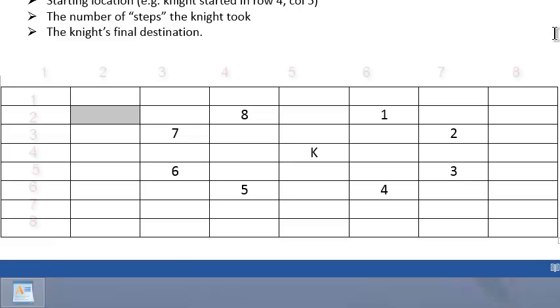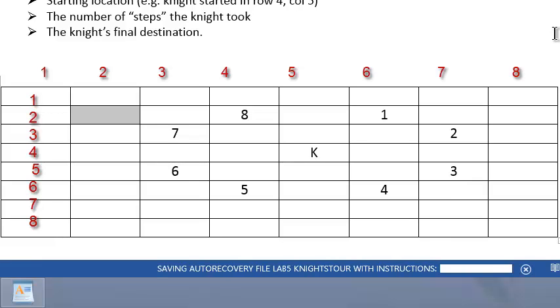So we can use a two-dimensional array, make it integer, to represent our 8x8 chessboard because we're tracking his steps around the board. I just happen to put the knight, a K, in there to represent where he's at currently. But if we were tracking his path, we would actually put a number 1 there for his first step.